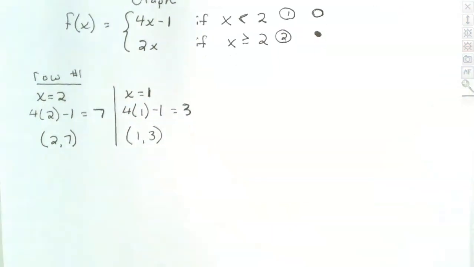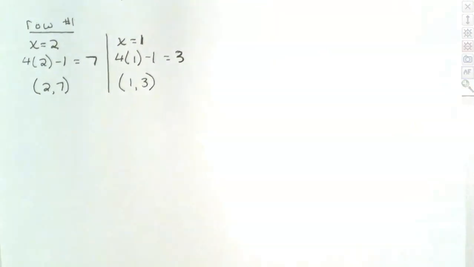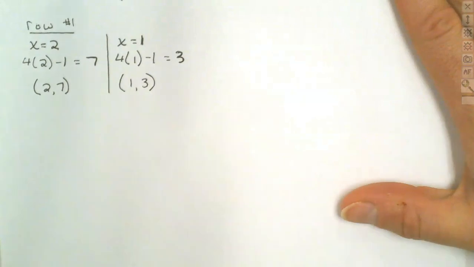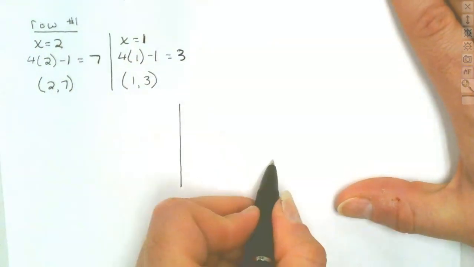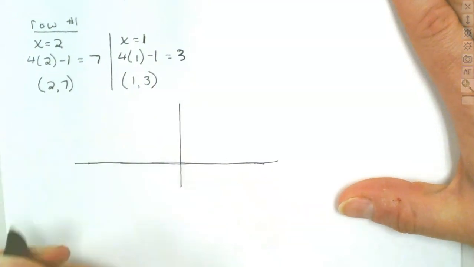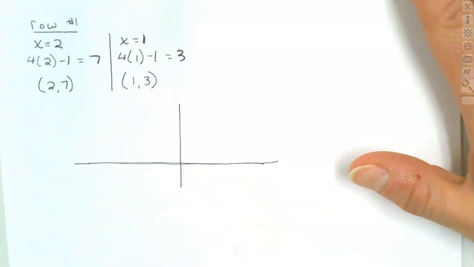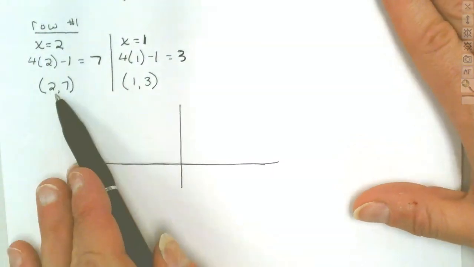Now we've got everything that we need to graph that first row. And we know that first row, again, it gets an open circle. So our first point's an open circle.